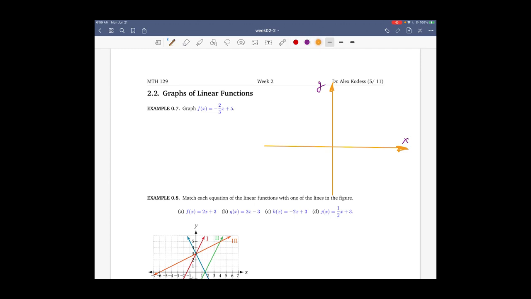Typically, it should be a good idea to find the y-intercept, which, remember, is the value of our function at 0, which in this case is, of course, 5. So the graph will pass through the point 0, 5.